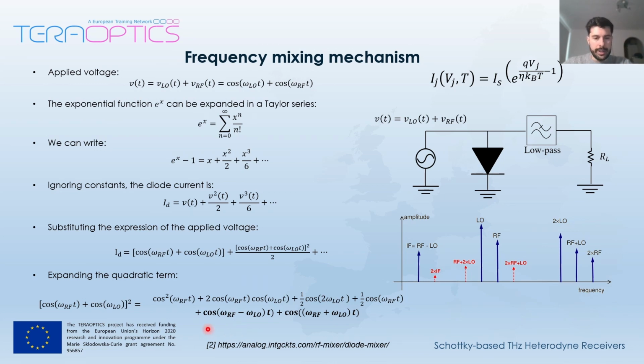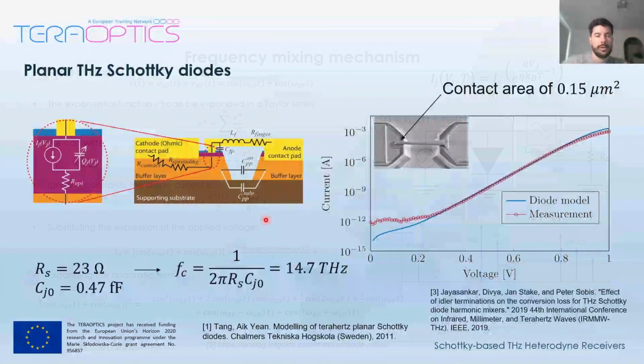We also have different terms that we are not interested in, so we want to filter them, and that's the function of the low-pass filter. This filter will reject the other components and select only the down-converted term that we are interested in.